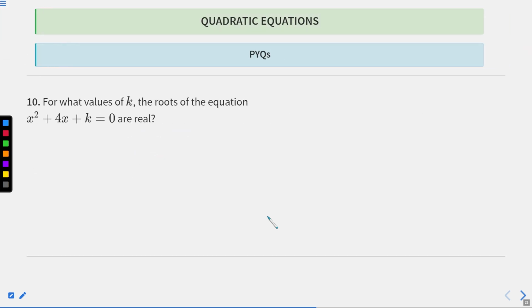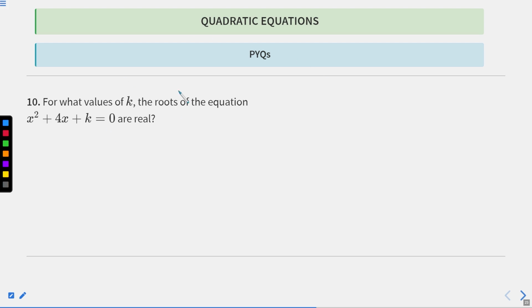In this question we have to find the values of k for which the roots of the given equation x square plus 4x plus k is equal to 0 are real. So students, first think about this problem.